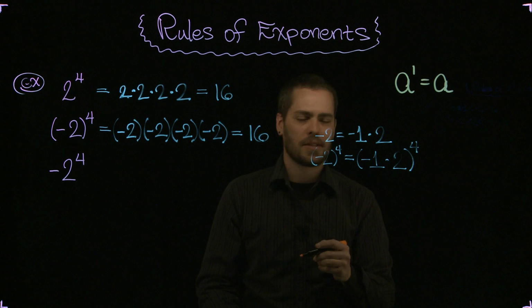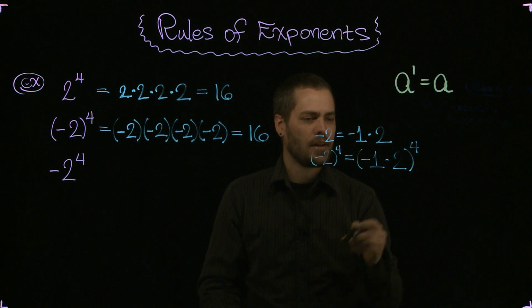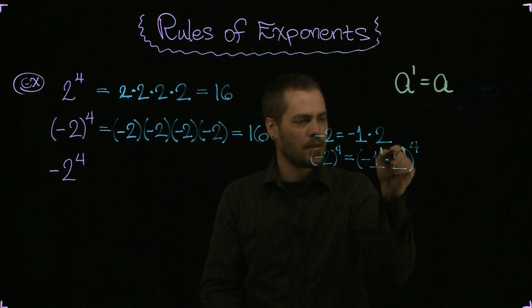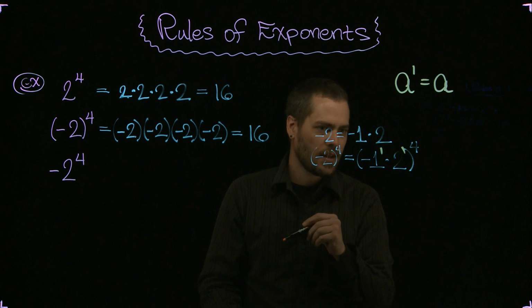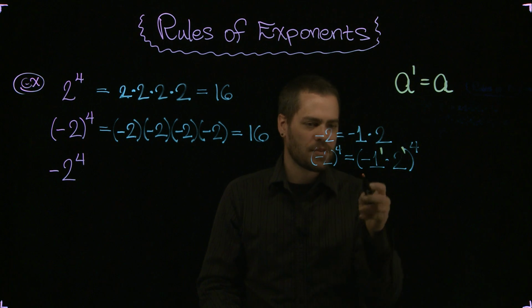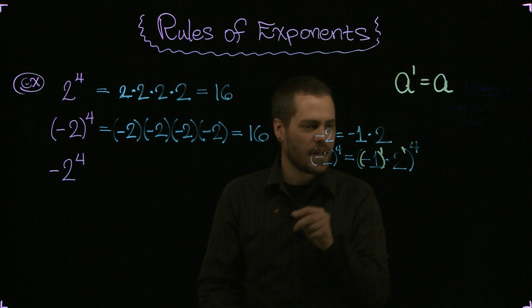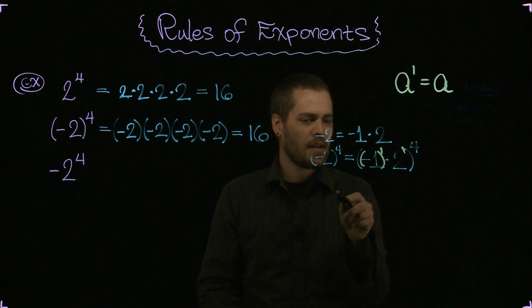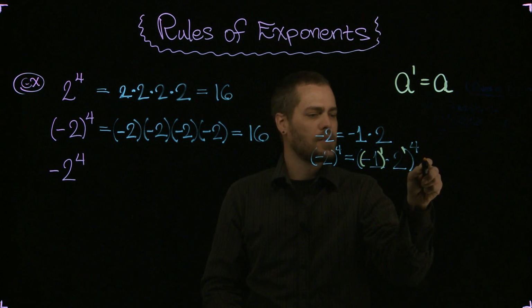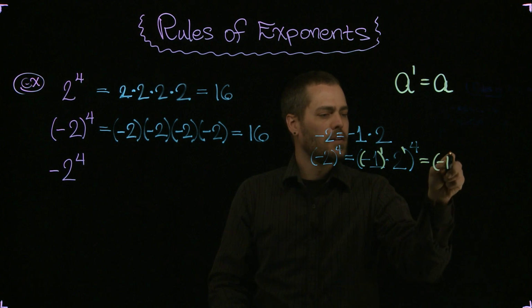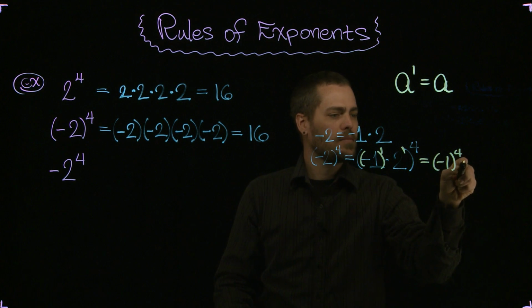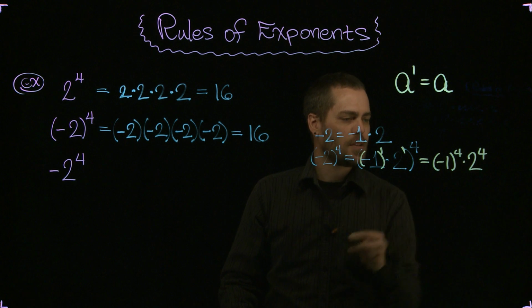Okay? Just generally speaking, anything to the 1st power is itself. I can say that these numbers have the power 1 up there, and then distribute the power to the powers. In fact, I could put a parenthesis around this negative 1 and say it's to the 1st power. Now, if I distribute the power to the powers, then it looks like this. Negative 1 to the 4th power times 2 to the 4th power.